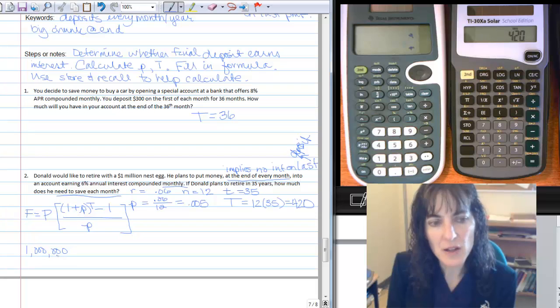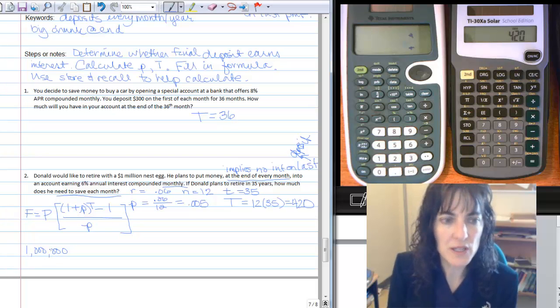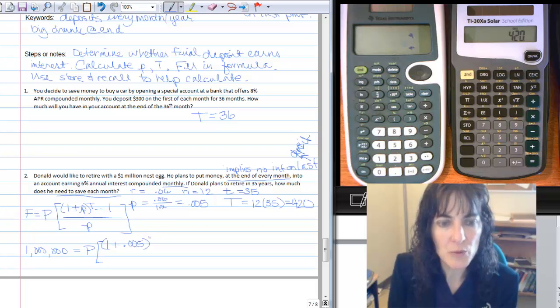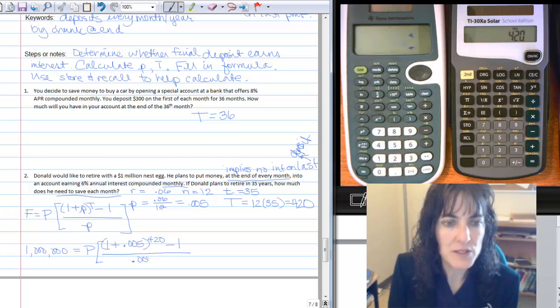That's thousands right there, 10,000s, 100,000s, 1 million. So that is 1 million. It has 6 zeros, and then we'll say equals, and we have our capital P times our quantity 1 plus our little p, which is 0.005, raised to the capital T, which was 420, minus 1 all over our little p, 0.005.